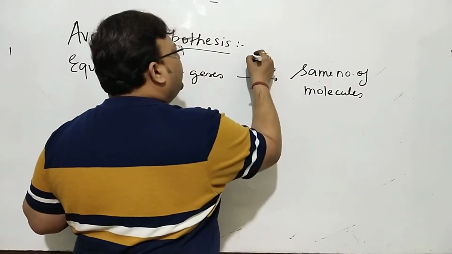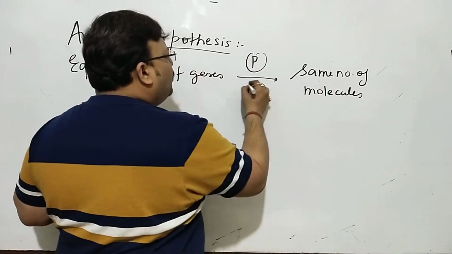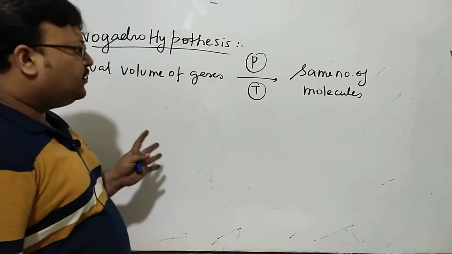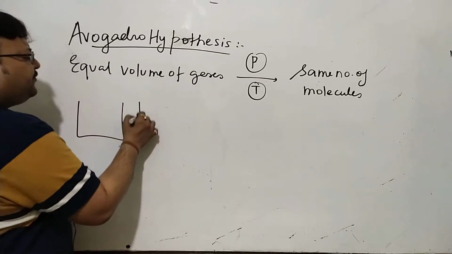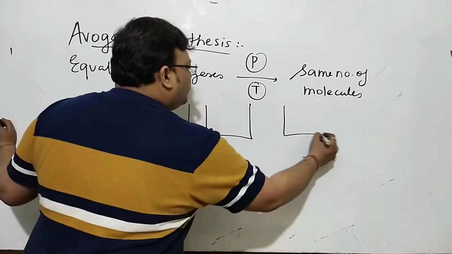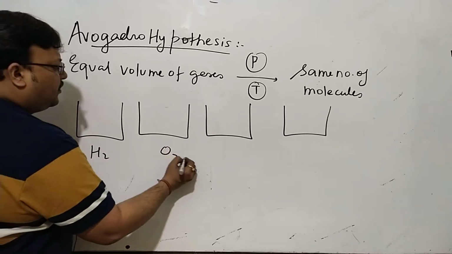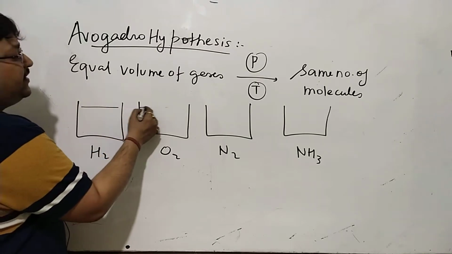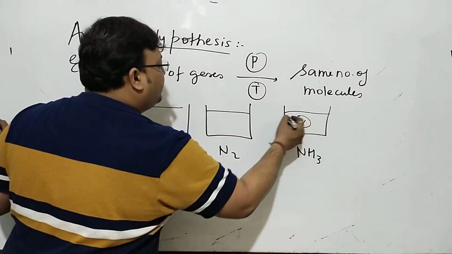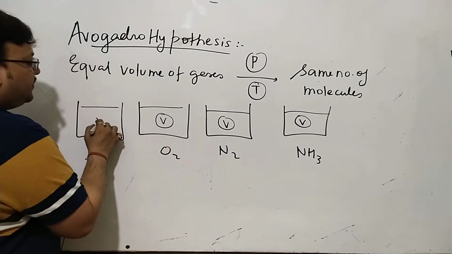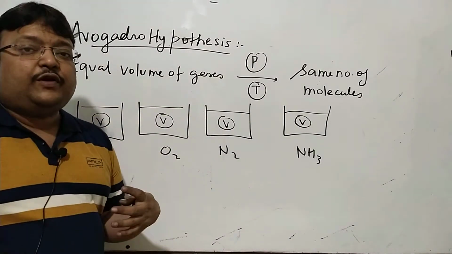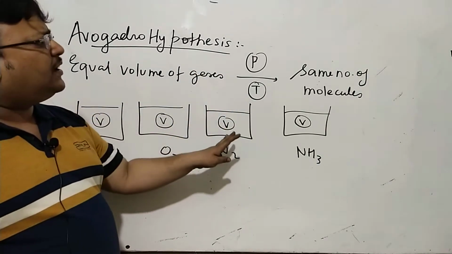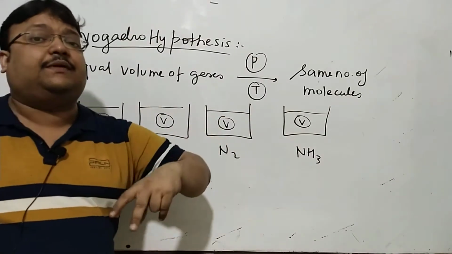One way of keeping them at same pressure and temperature is to keep them in the same room. So if you keep all of them in the same room, be it hydrogen or oxygen or nitrogen or ammonia, different smell, different color, different density, but if their volumes are equal, and they're all kept in the same room, naturally they are under constant pressure and temperature. Equal volume at the same condition of pressure and temperature will have the same number of molecules.